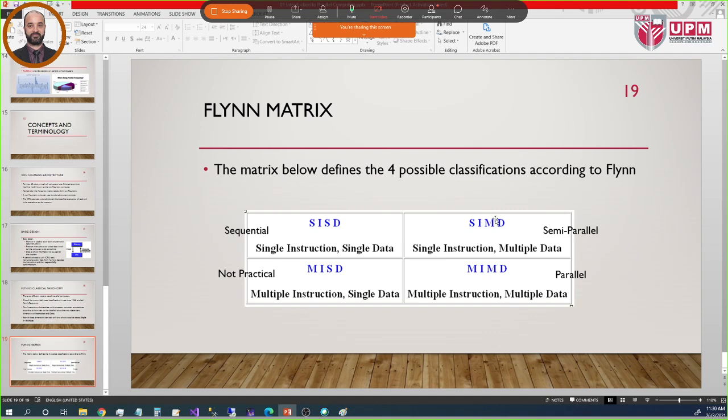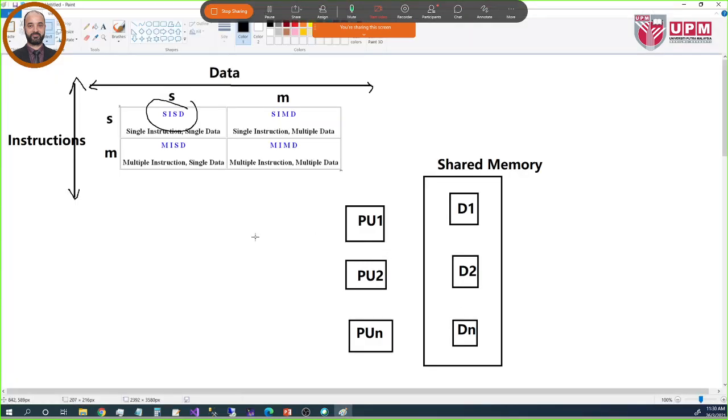Okay. Let us move to the third one, which is MISD. MISD is something similar to this, but instead of having one control unit, what we will have here is multiple control units.